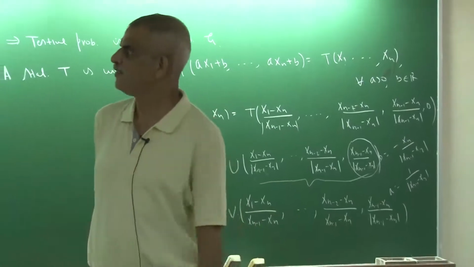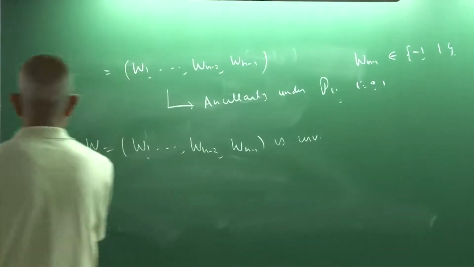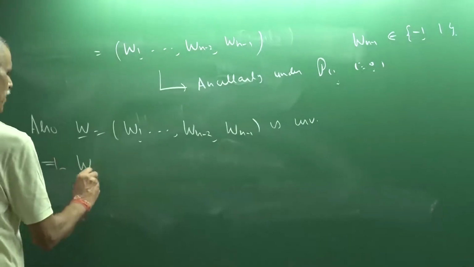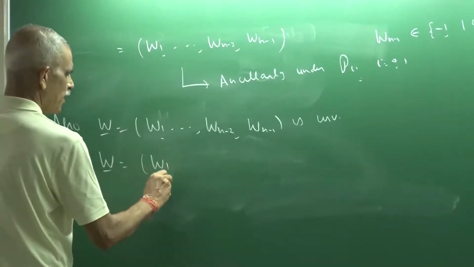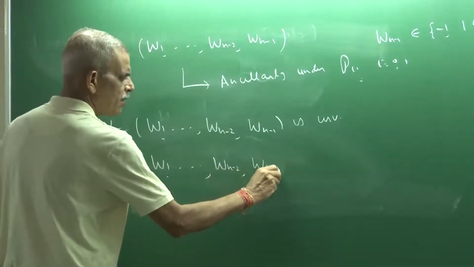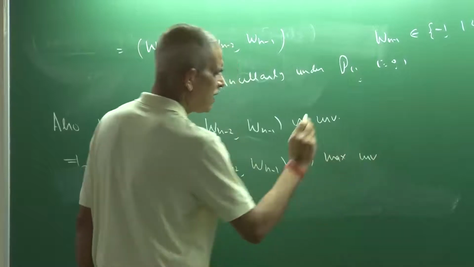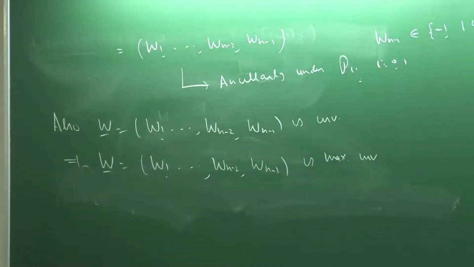So it is invariant. So what does that mean? This implies that W is a maximal invariant. That means any invariant statistic is a function of this quantity.